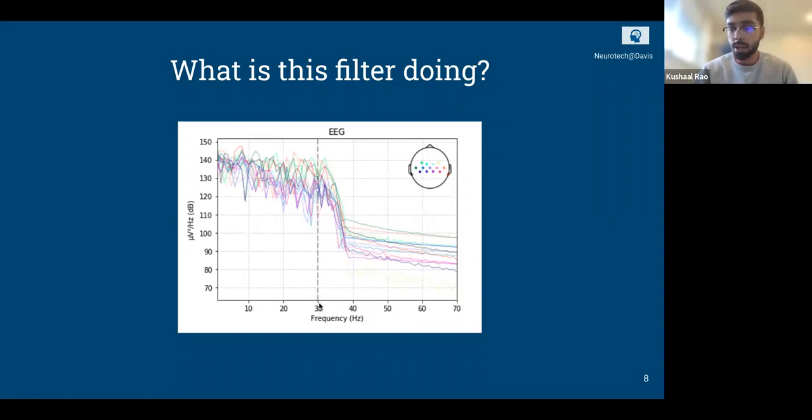So you see there's a cutoff here at 30 hertz, and everything lower than 30 looks to be untouched. As soon as we cross 30, there's a gradual fall off, and then everything else is almost silenced or muted. There's a gradual fall off period between, let's say, 30 to 35 hertz, in which it tapers off, and then it's dampened from there on out.